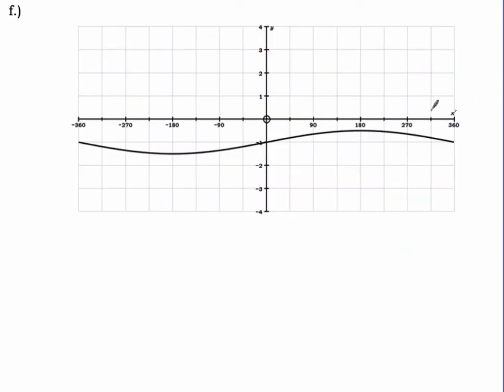Okay, next, this one has a b value. The whole thing is one entire length of the curve, right? So that's like 720. That's the period. So the b value is half. It's obviously down 1. For sine, it looks normal because it's going through the principal axis right there.